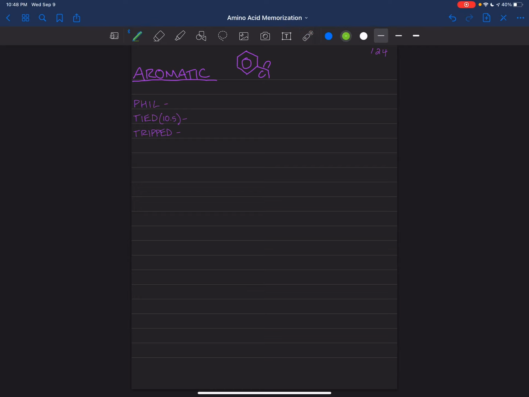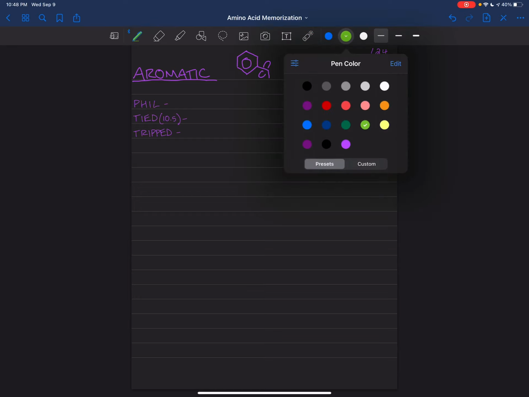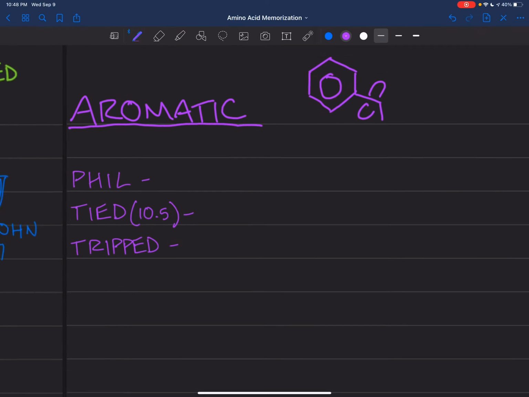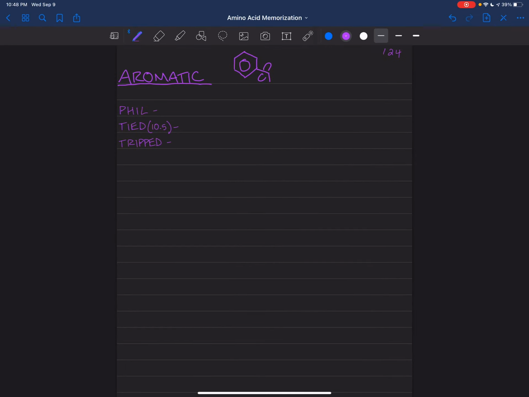So now we are at the aromatics, and I think of aromatic as this nice little carbon flower, right? Smelling nice, like an aroma. And the mnemonic I think of here is Phil tied the race, and then he tripped, right? So Phil, of course, is going to be phenylalanine.